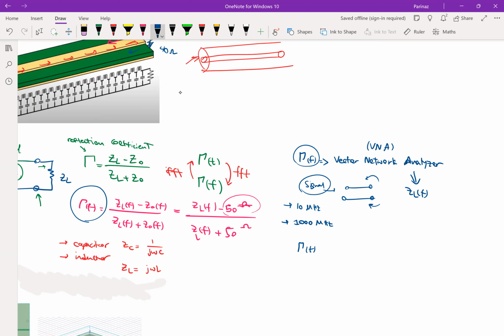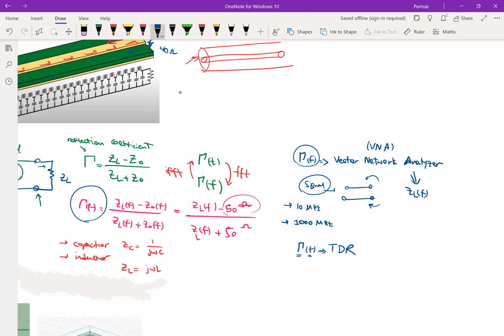But what started this conversation, I know it's been a long one, but bear with me. Gamma in the time domain requires another device, what we call the TDR, or time domain reflectometer. It basically allows you to measure the reflection coefficient in the time domain, or the reflected signal in the time domain.